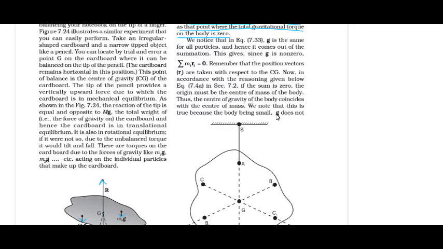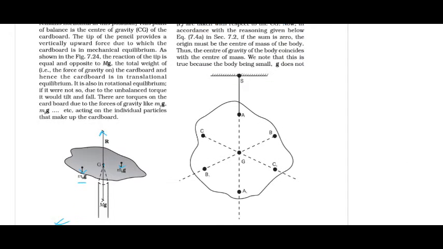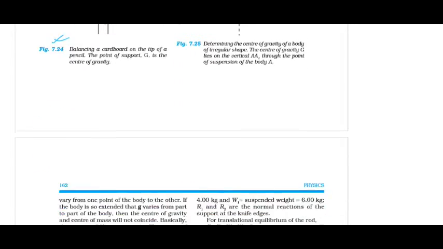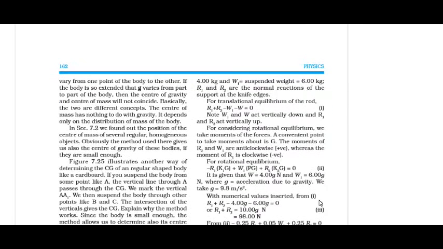We note that this is true because the body being small, g does not vary from one point of the body to another. If the body is extended, g varies from one part to another part of the body. Then the center of gravity and the center of mass will not coincide.